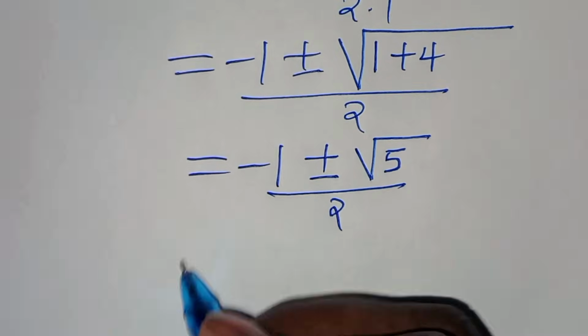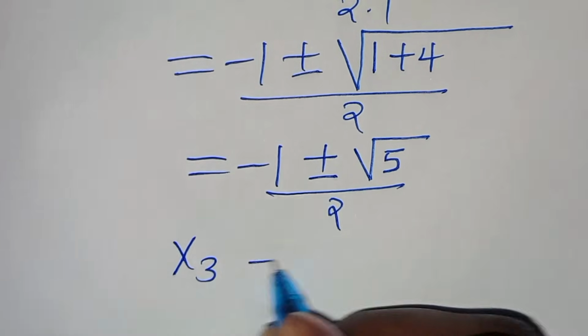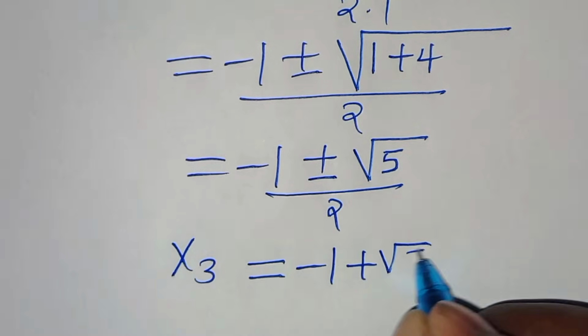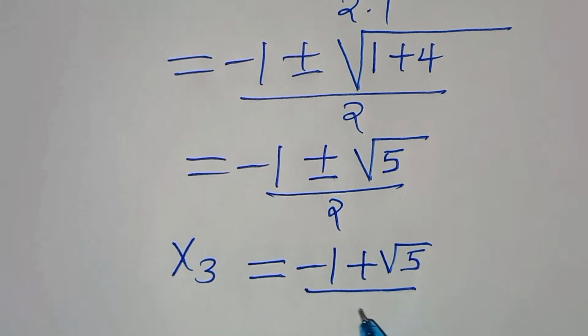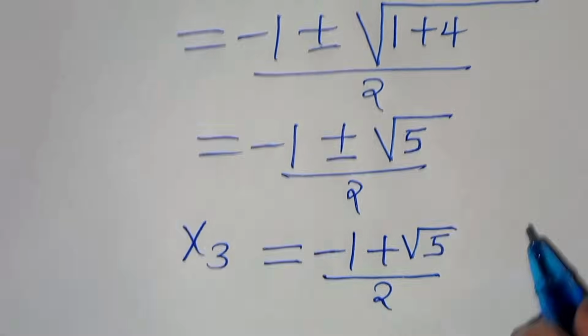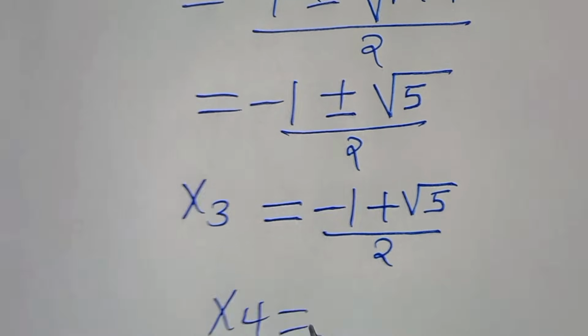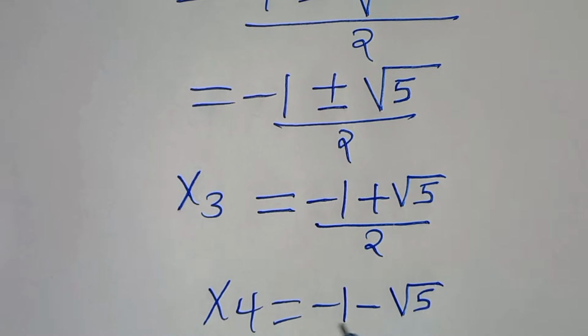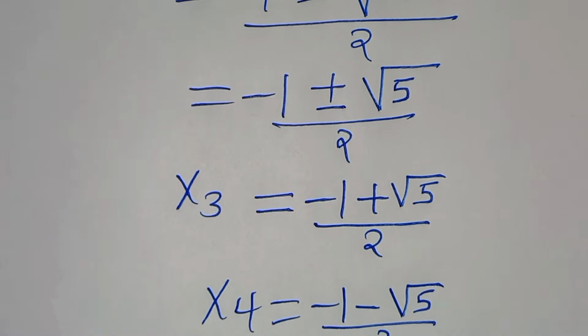So this means that x3 is equal to minus 1 plus square root of 5, divided by 2. Then we have x4, which is equal to minus 1 minus square root of 5, divided by 2.